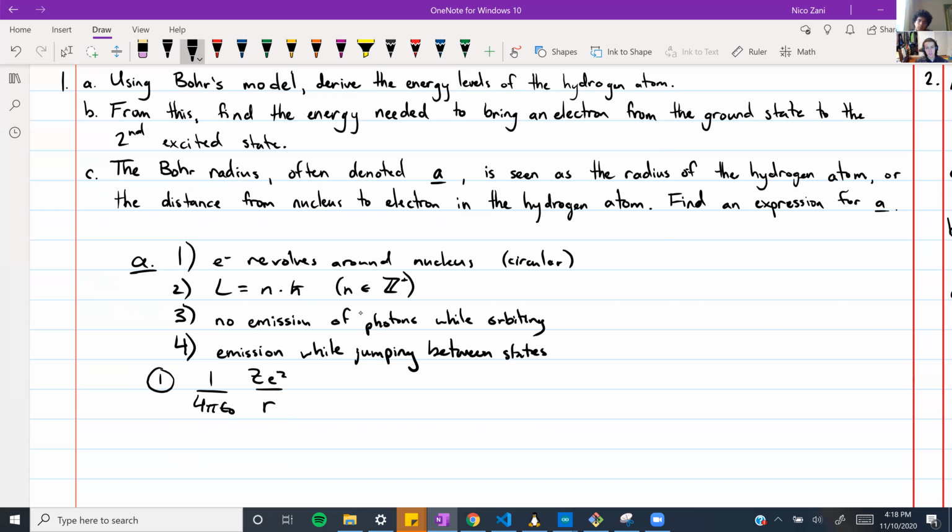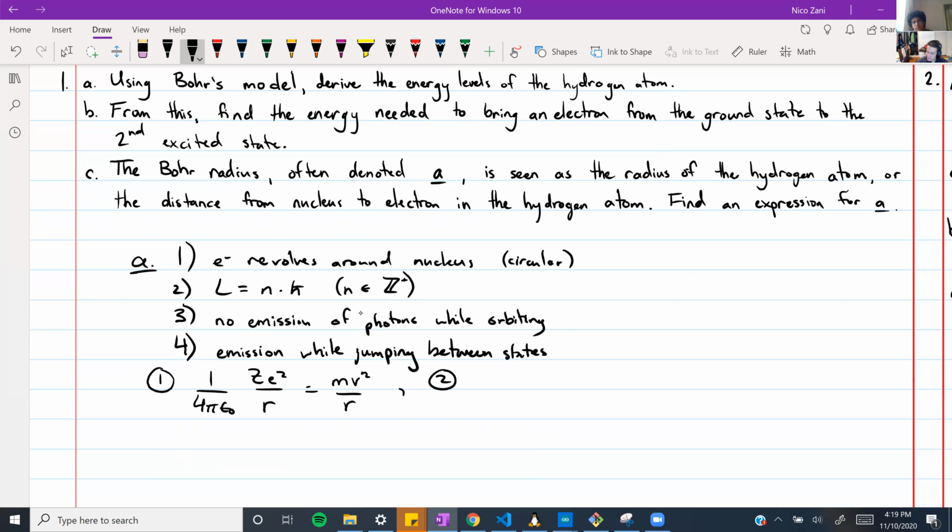And Z here is the number of protons in the nucleus, right? So Z is 2 when there are 2 protons, 3 when there are 3 protons, and so on. And we know that this potential is equal to mv squared over r. That is to say, this is equal to a centripetal potential, right? And you should remember that from your physics 1A.